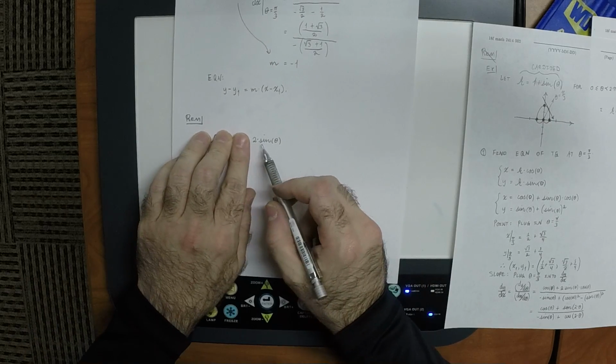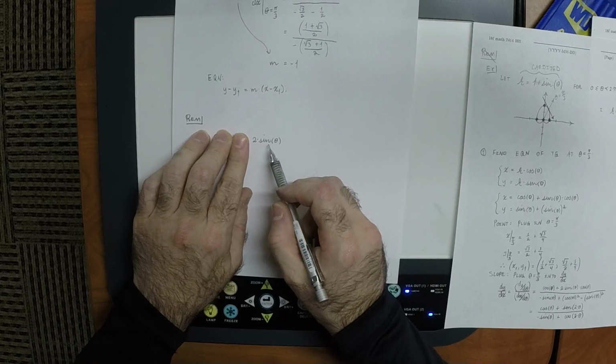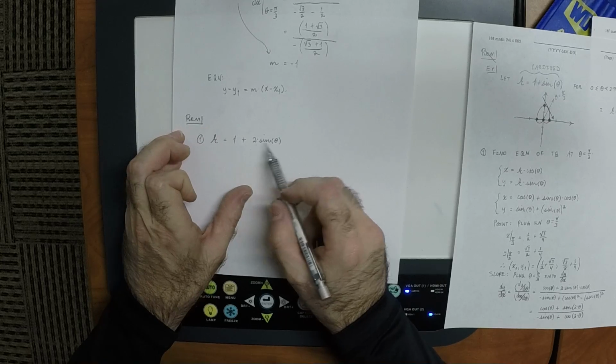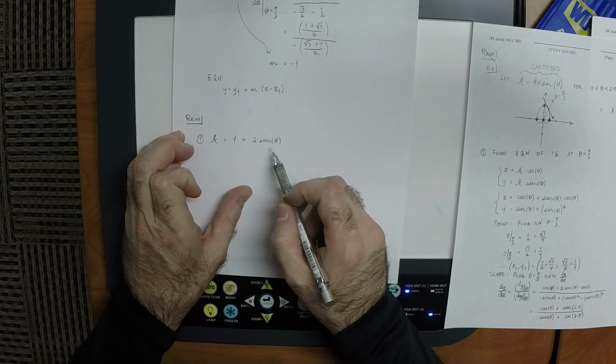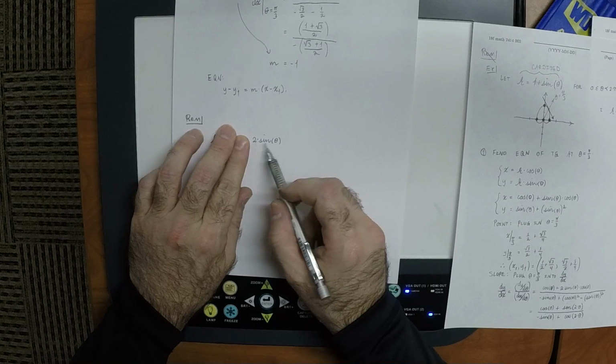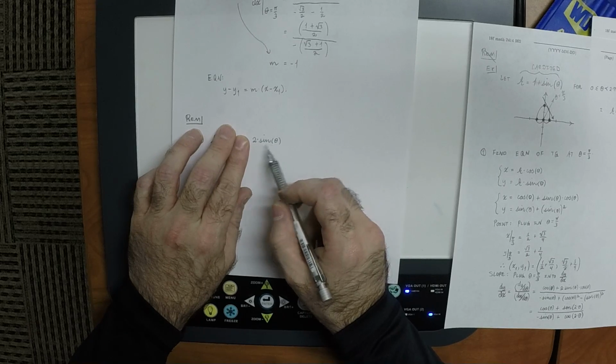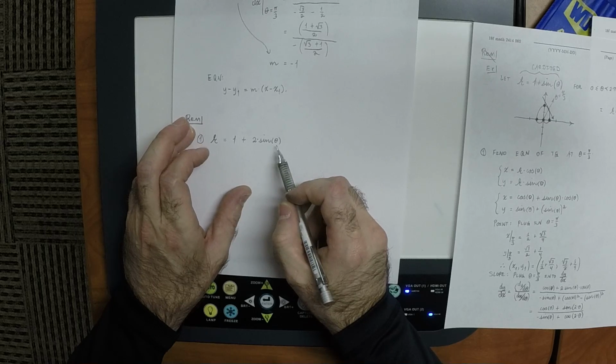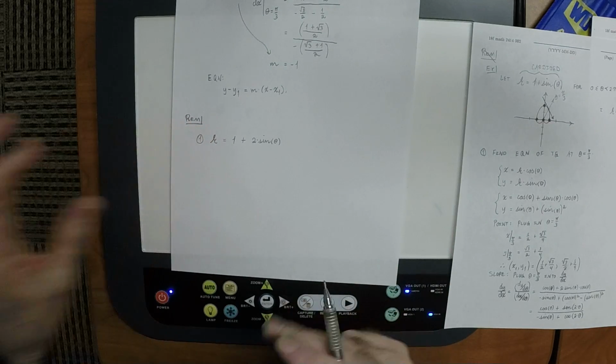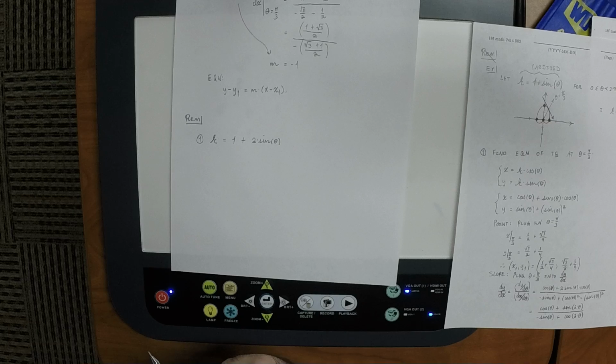In this case, what is the maximum value of 2 sine? 2. So the maximum value of this altogether is 3. And what's the minimum value of twice sine? -2. So what's the minimum value of all this? -1. So that means in some cases, the radius is going to become negative, right?